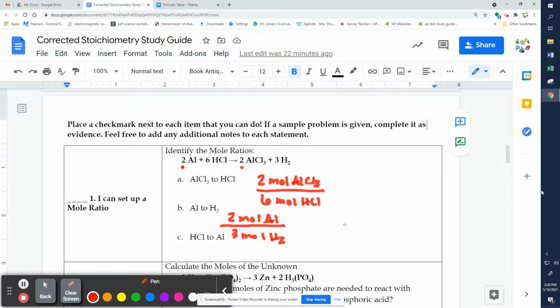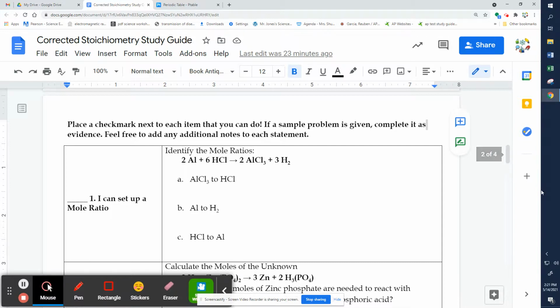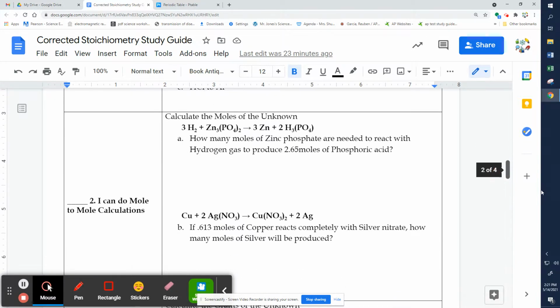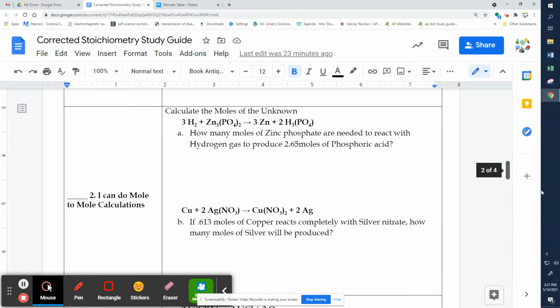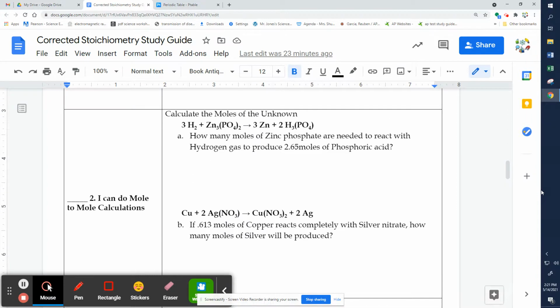So we have 6 moles of HCl. On the bottom, we have 2 moles of Al. Okay. Again, you're just looking at the coefficients, going from your known to your unknown. That's it. For number 2, you can do mole to mole calculations.